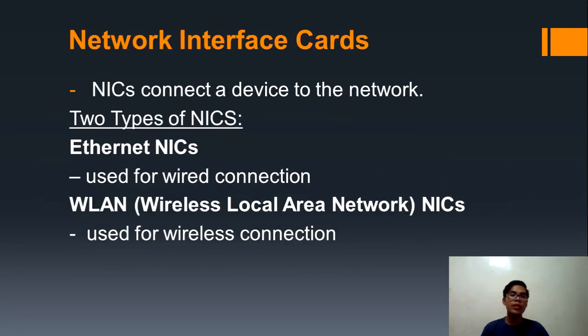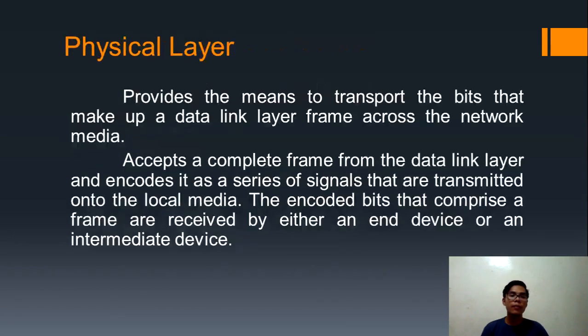Network interface cards, NICs, connect a device to the network. There are two types of NICs: Ethernet NICs, used for wired connection, and WLAN (Wireless Local Area Network) NICs, used for wireless connection.